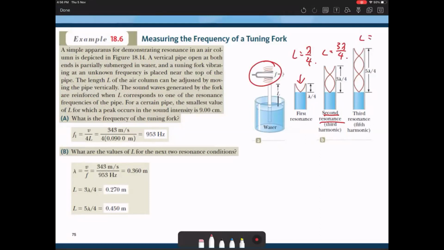Next, L is equal to 5 lambda over 4. So you have, let's see, the length of the tube.